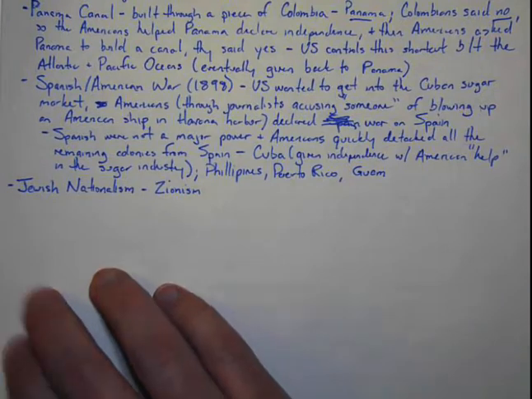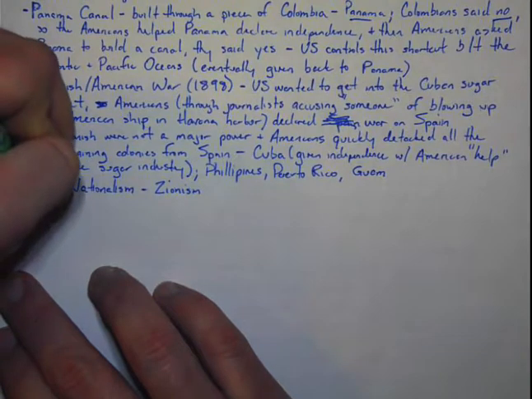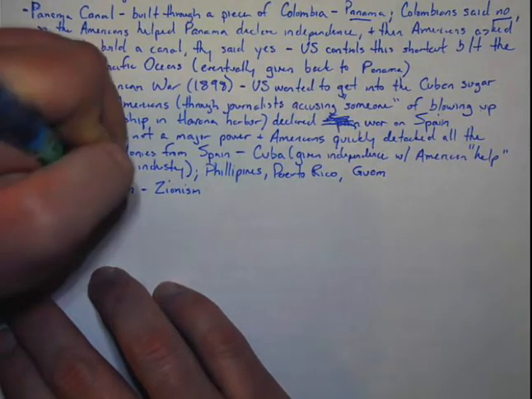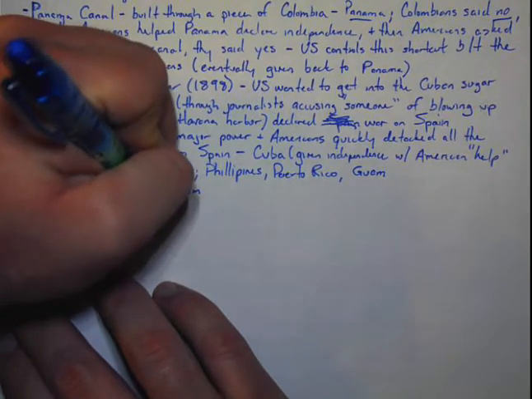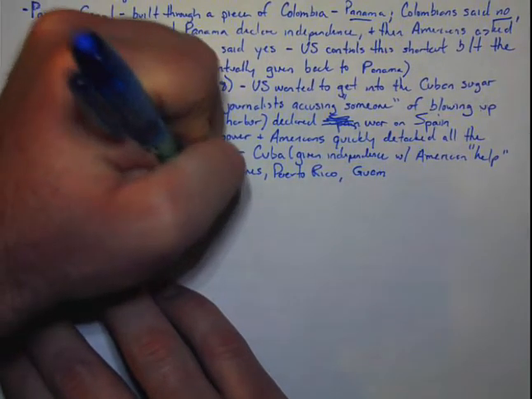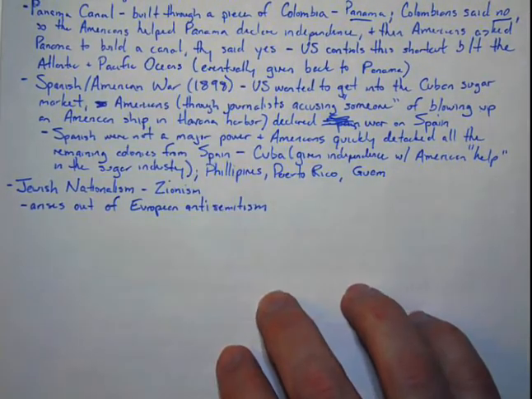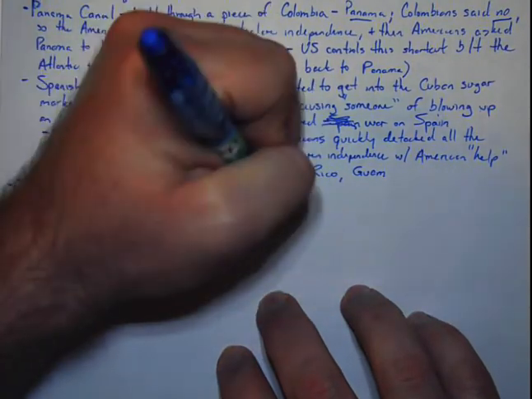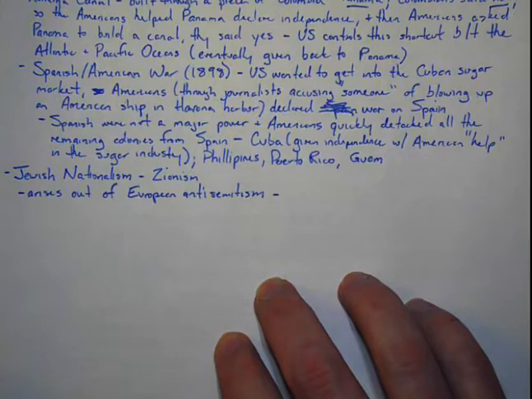Now, Jewish nationalism or Zionism arises out of European anti-Semitism, which we've been talking about pretty much since the beginning of the course.